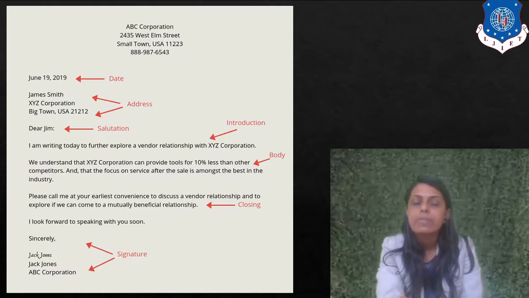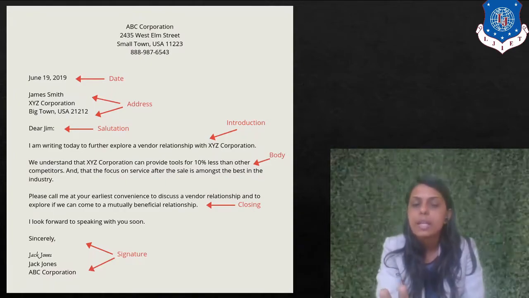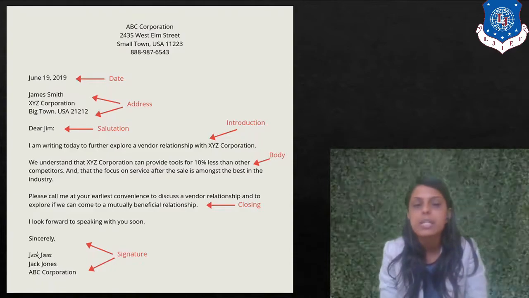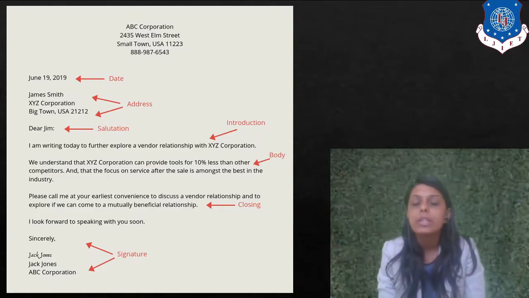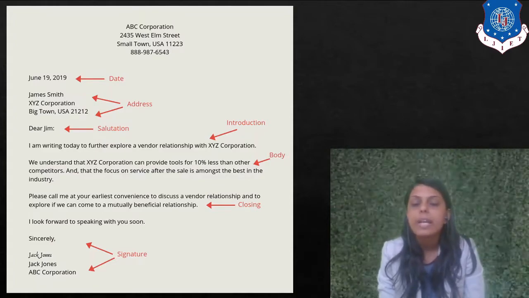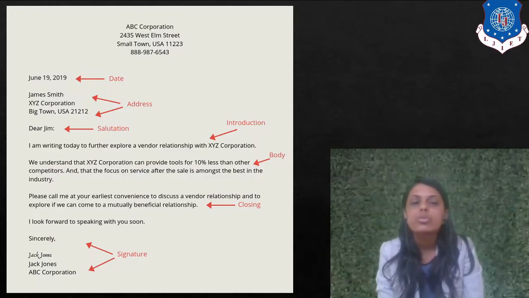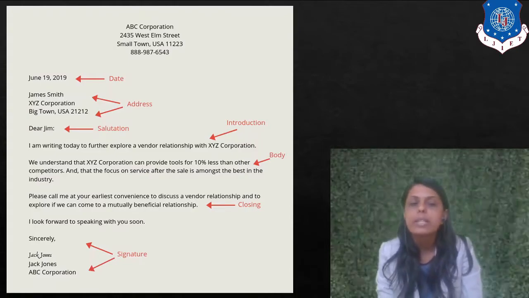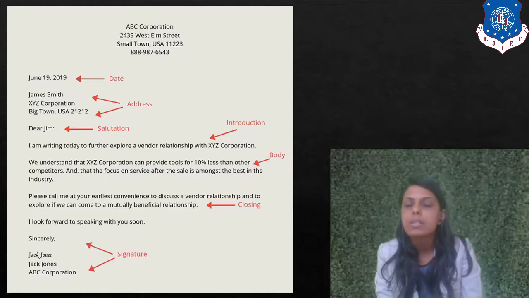Then the date, as we have discussed, is the second compulsory element. The format of the date, you should be very careful with that. You can write June 19, 2019, or you can write 19 June, 2019.